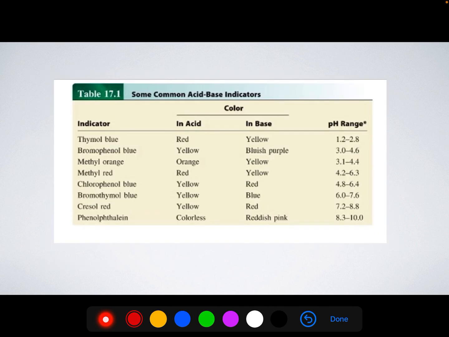Okay, so these are some common acid-base indicators. Okay, these are the indicators that are usually used in the laboratory, along with the color in different medium. For example, yang kita biasa pakai is phenolphthalein. Okay, so phenolphthalein tu kalau kita tengok in acid dia colorless, in base dia reddish pink.